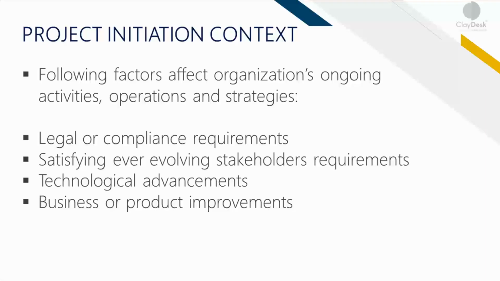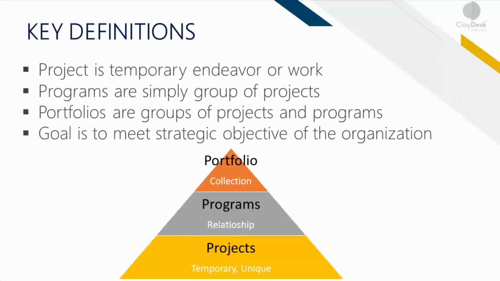Then you need to create, improve, or fix products, processes, or services as your project goes from one step to the other. Next, implement the change, business, or technological strategies. That also becomes a formidable part of the project. And then, of course, satisfy the upper management, senior management, or the stakeholders' requests or needs. All of these factors go hand in hand within a particular project. And that's how the project initiation context entails all of these factors.